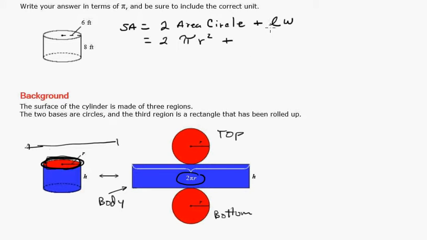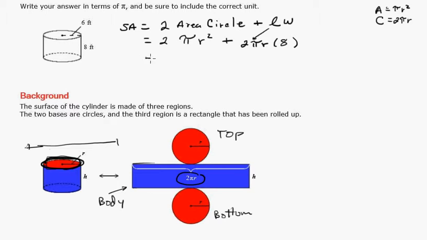The length is the circumference, and the circumference of a circle is 2 pi r. So the length is going to be 2 pi r, and then we times it by what we call the width or the height, which would be 8.